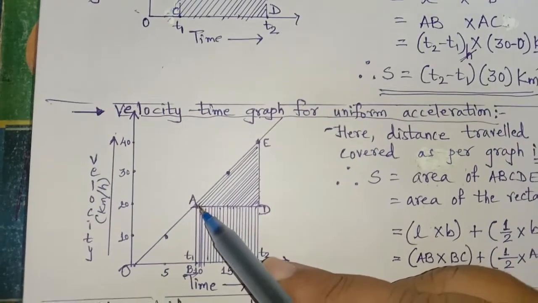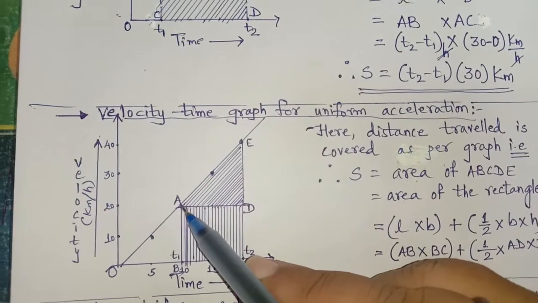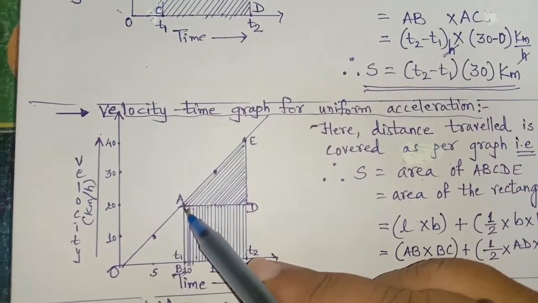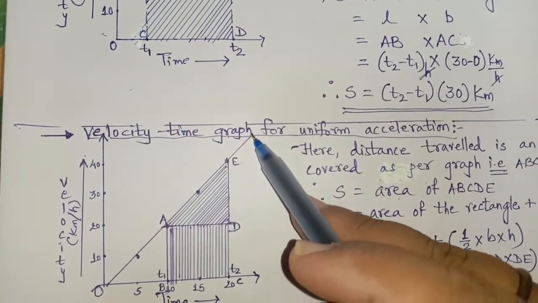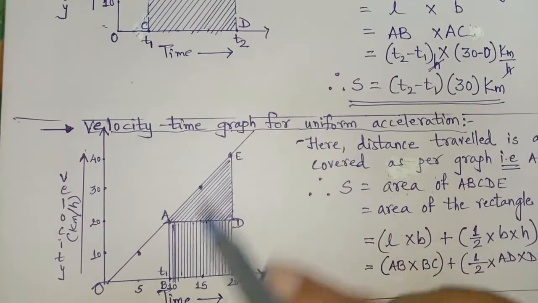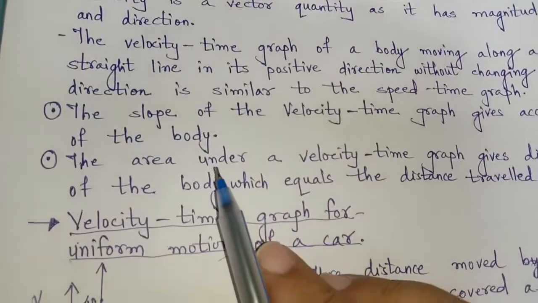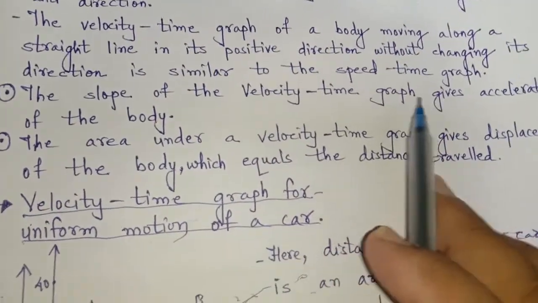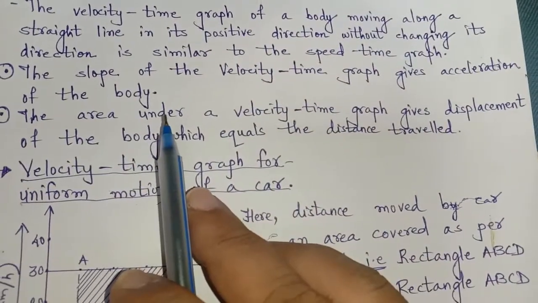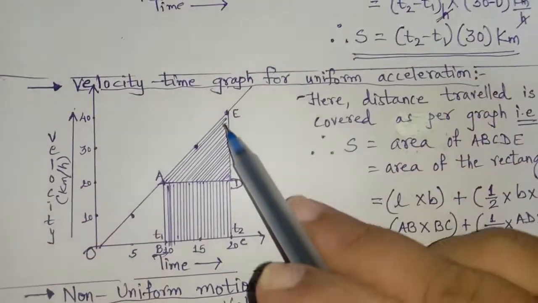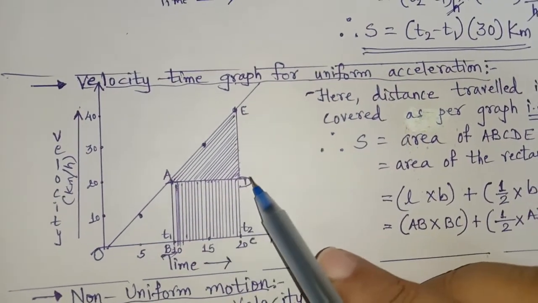And as soon as the acceleration is given, the body travels in the positive direction in an increasing manner, and that gives us the slope. Right? So, this is how the velocity versus time graph slope gives the acceleration of the body. This is change in velocity, this is change in time.